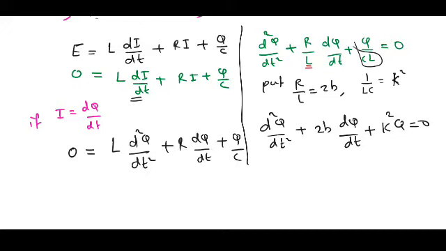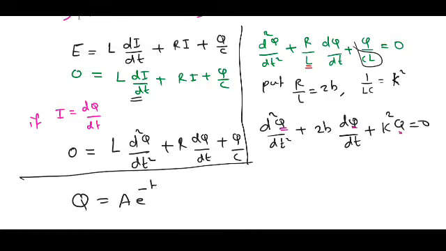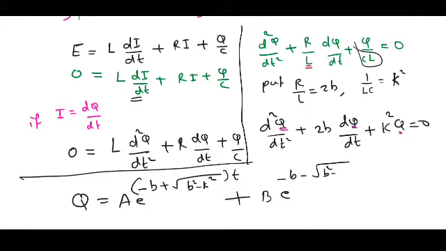Then the solution of this equation, because this is an equation in terms of Q, we can write Q = A e^(-(b + √(b² - k²))t) + B e^(-(b - √(b² - k²))t). Let me put this as equation number 1.